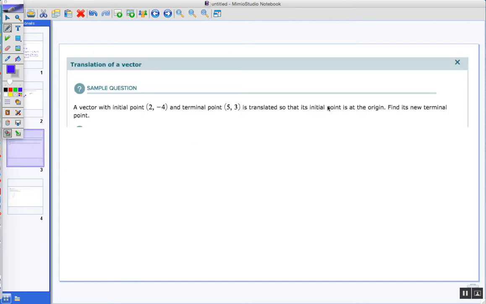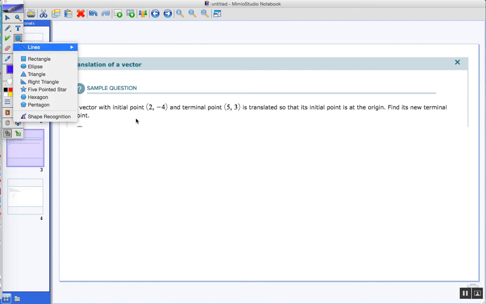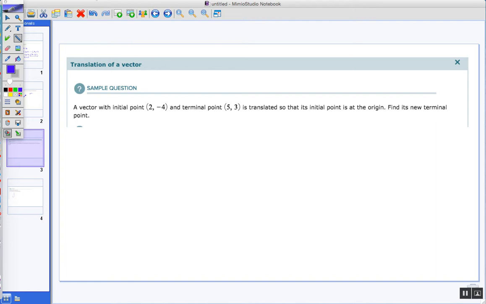All right, so here we are translating a vector. This says we have a vector with initial point (2, -4). So I'm going to go ahead and graph that. So we have a vector with initial point (2, -4), and a terminal point (5, 3).